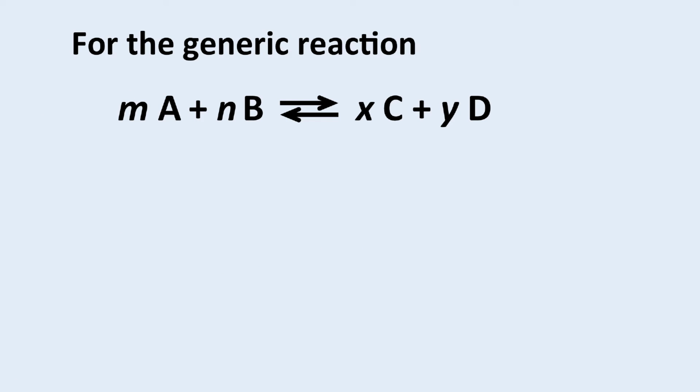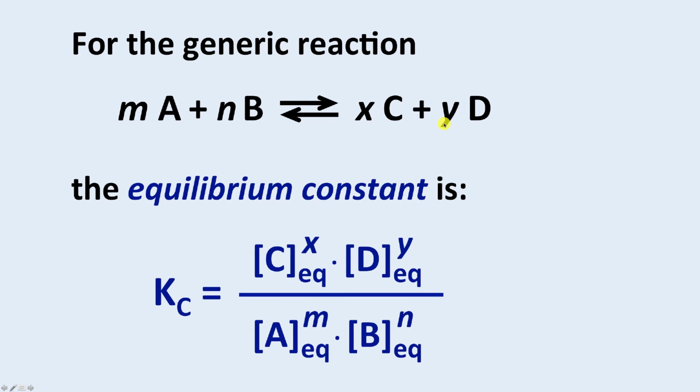And for a general reaction, a generic reaction, A and B being reactants and C and D being products, and m and n being the coefficients of the reactants and x and y being the coefficients of the products, what we find is that the equilibrium constant expression is K equals, and if we're doing concentrations, K sub C, the concentration of one product to its coefficient as a power, multiplied by the second product times its coefficient as an exponent, and if there were more products, we'd continue that process.